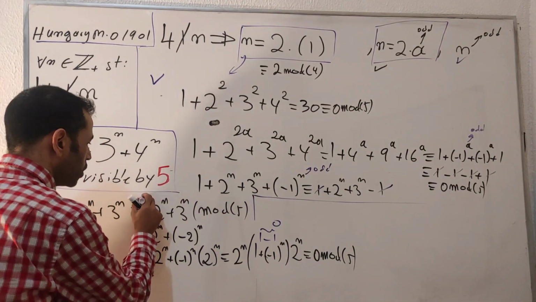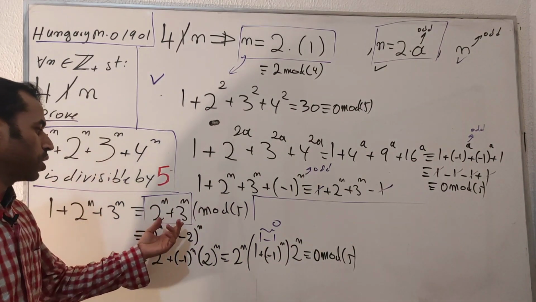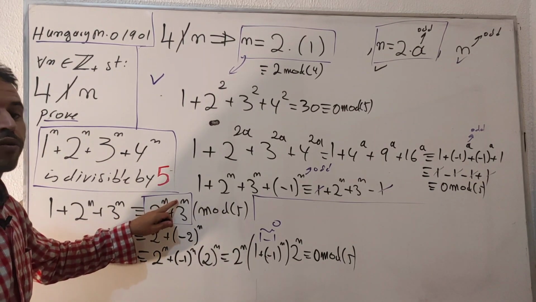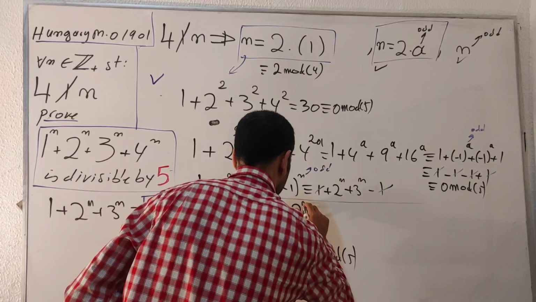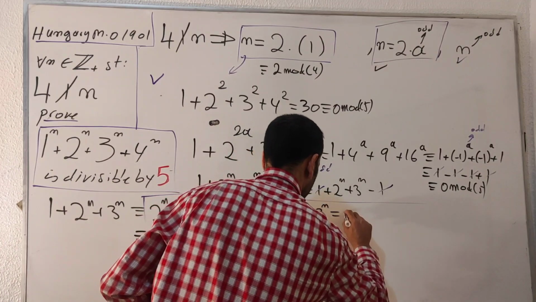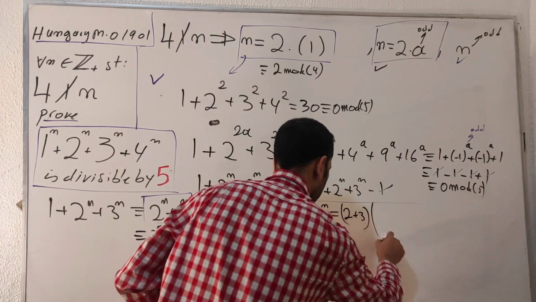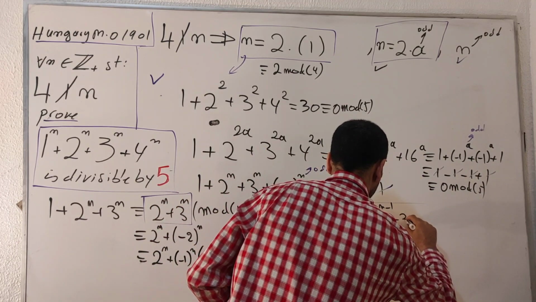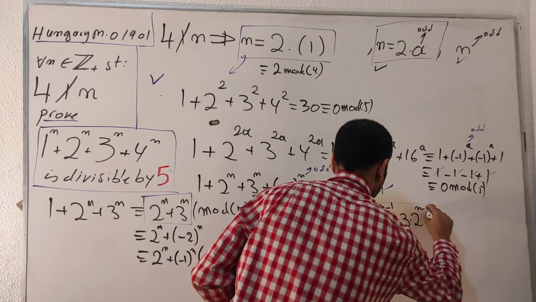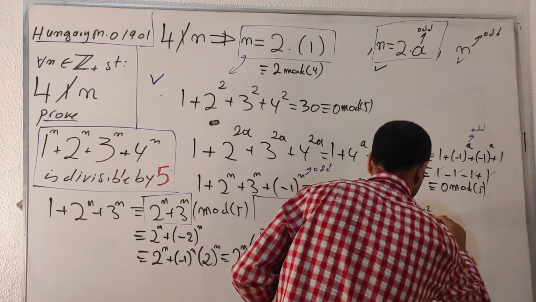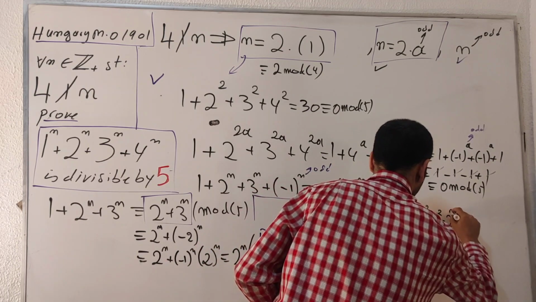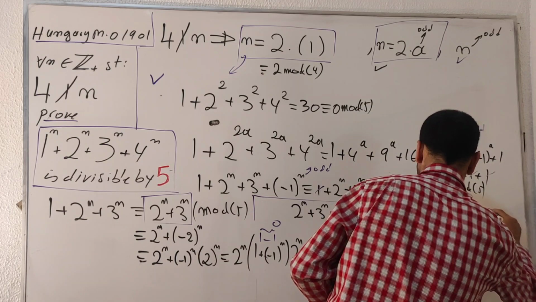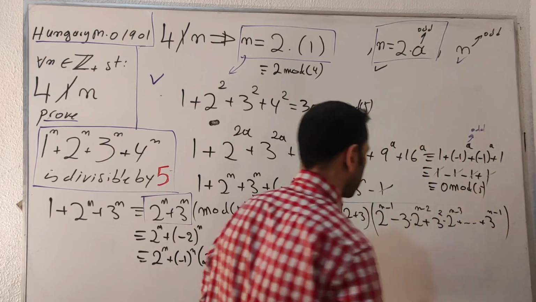Since we get to this one here, I'm going to do this one in a different way. Since we have n is odd, I'm going to factor this one out in the form of a product. So I get 2 to the n plus 3 to the n, which equals 2 plus 3 factor 2 to the n minus 1 minus 3 multiplied by 2 to the n minus 2 plus 3 squared multiplied by 2 to the n minus 3, and all the way down until you get 3 to the n minus 1, like this, okay?